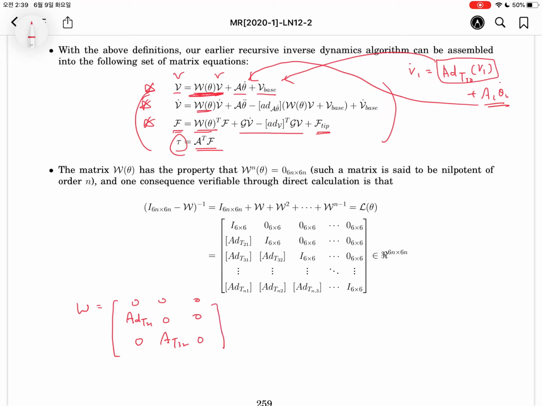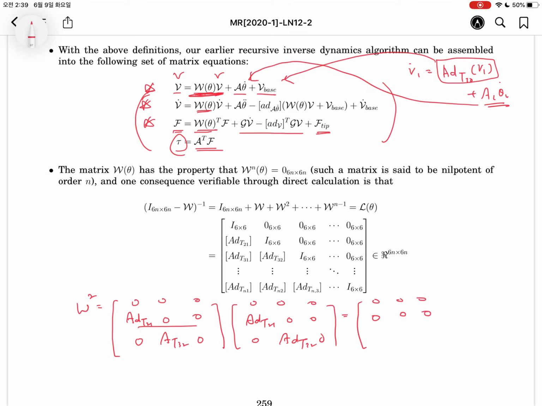Okay? Let's multiply it. Square, double square, the same one. 0, 0, 0, adjoint map T21, 0, 0, 0, adjoint map T32, 0. Okay? The first row will be 0. The second row is 0. This is also 0.